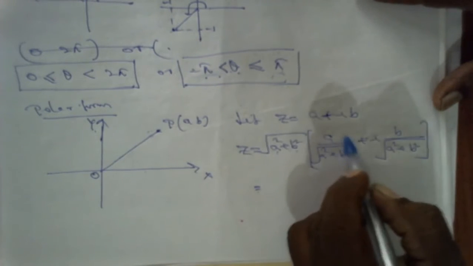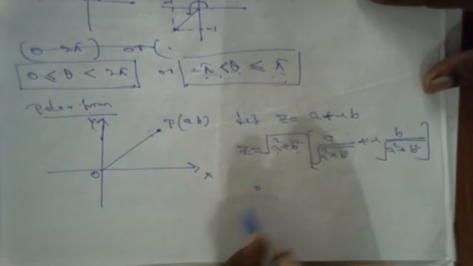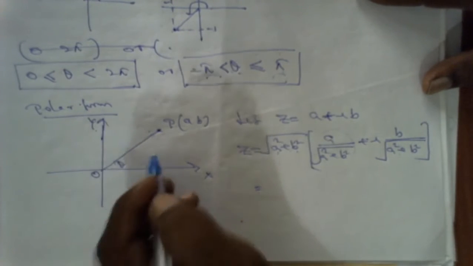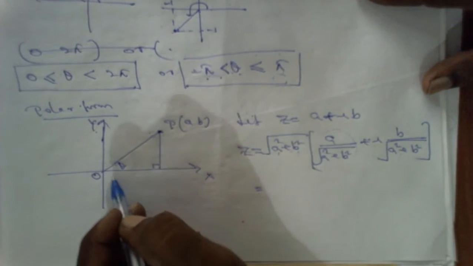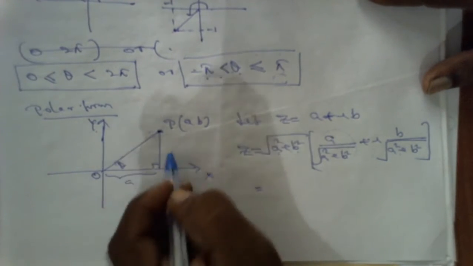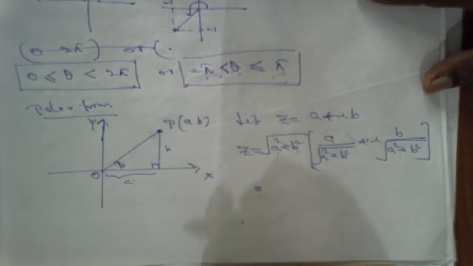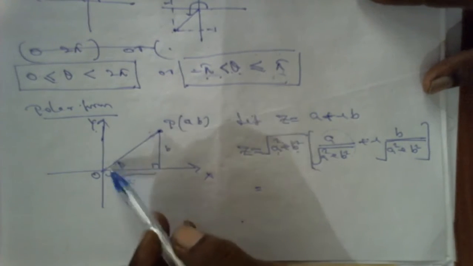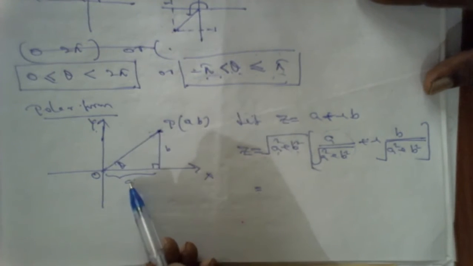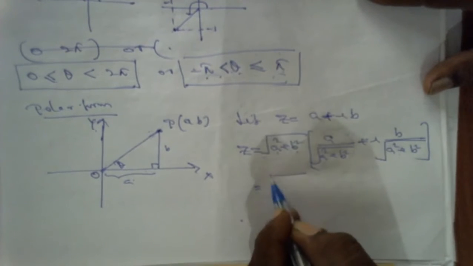Now what is this one? a over the square root of a squared plus b squared is what? a is this length, b is this length. a over this length, the x coordinate divided by the length of the revolving line, is cos theta, no?